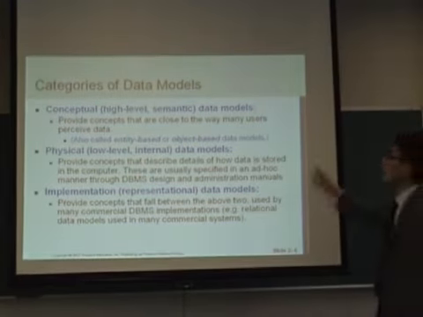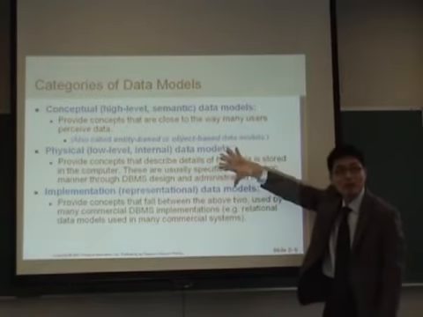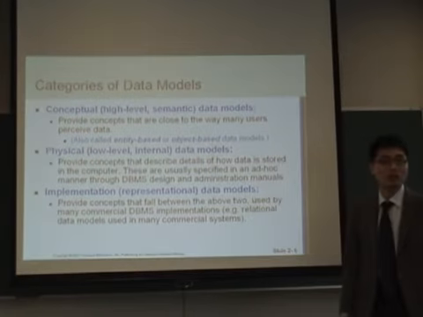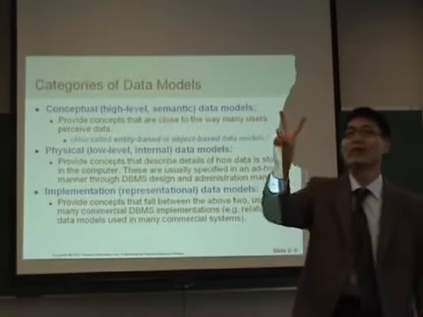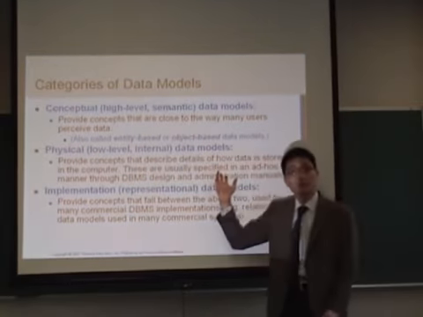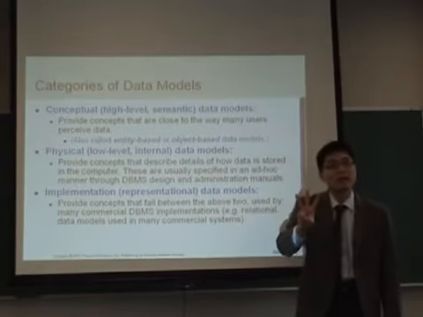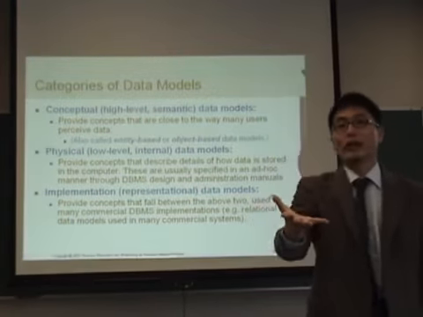So we are going to learn both the conceptual data model as well as the physical database model. The conceptual data model is phase 2, the second step of your project. The physical database model is the third step, phase 3 of your project.